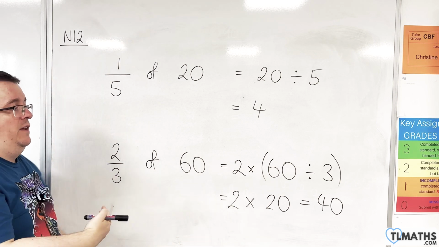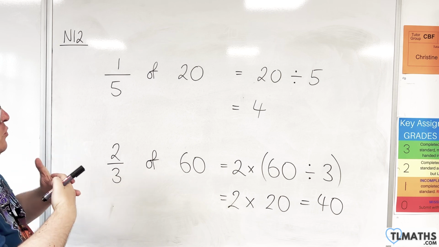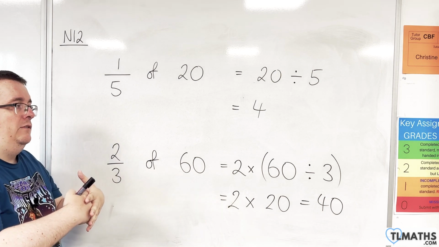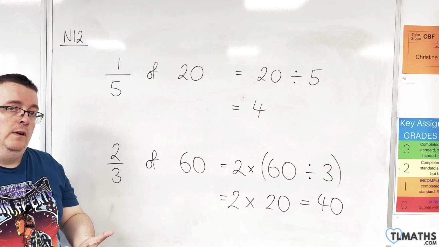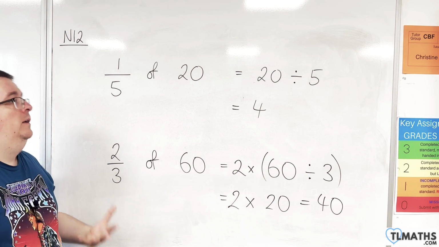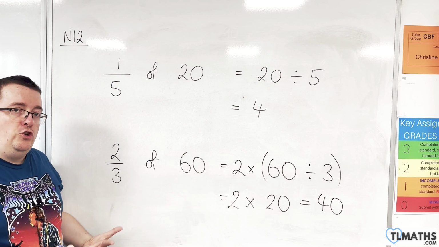So you can think of it as that kind of routine, but it's making sure you're seeing this as a division followed by a multiplication. And if you get into that habit, then you should have no problem with working out fractions of quantities.